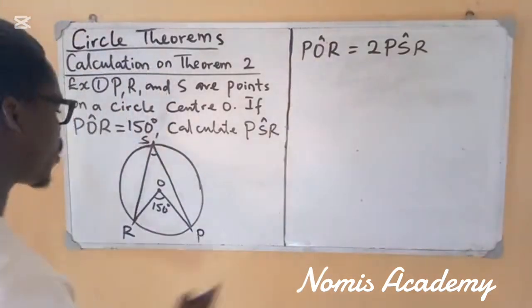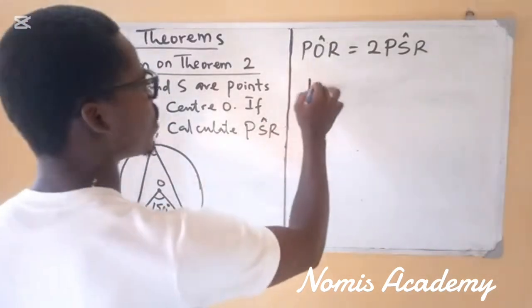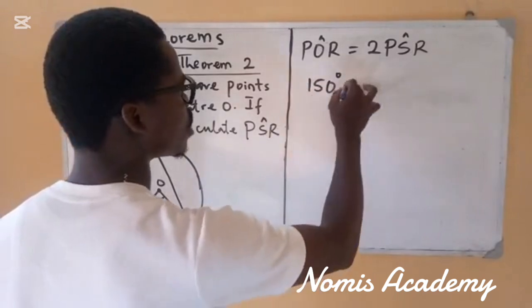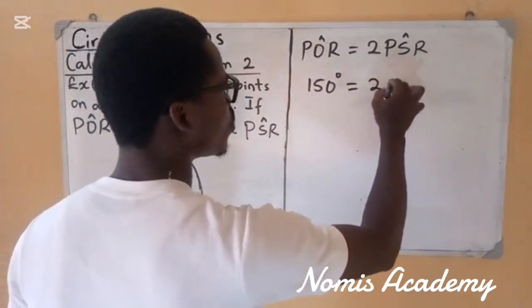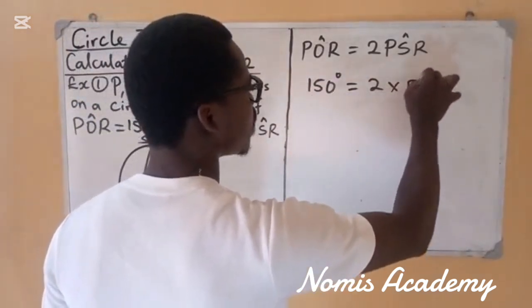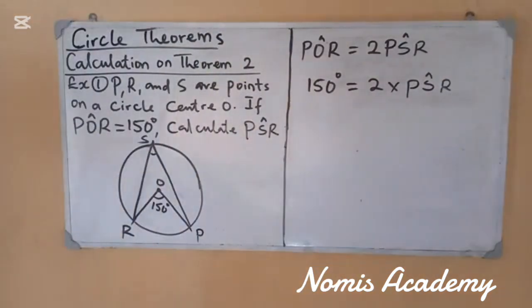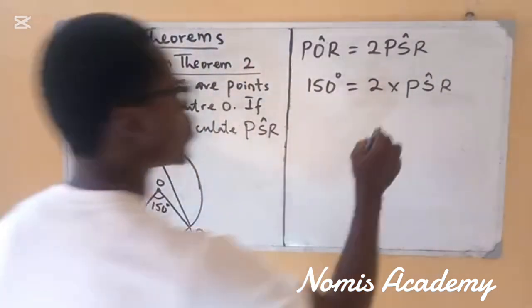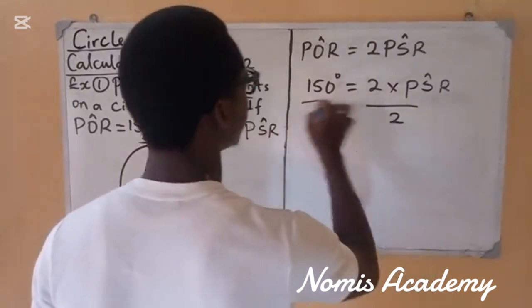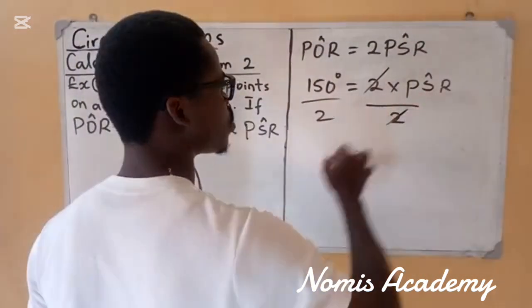So POR is 150 degrees. And here we have 2 multiplied by PSR. So to find PSR, we divide both sides by 2. 2 cancels 2.